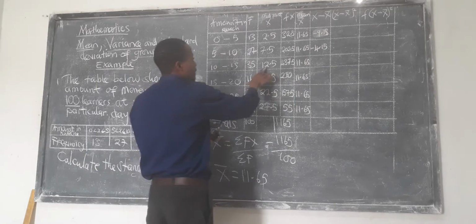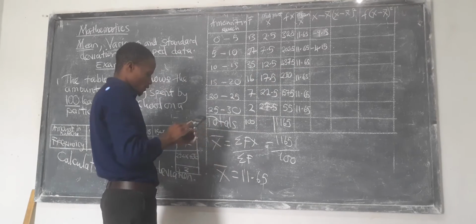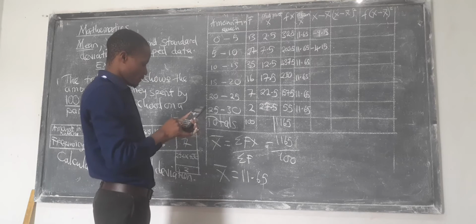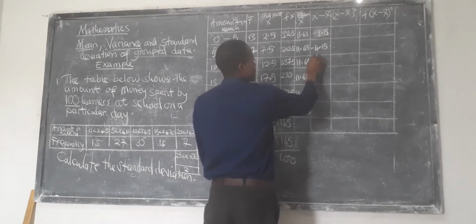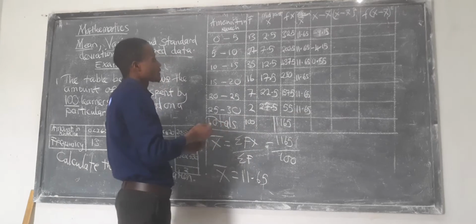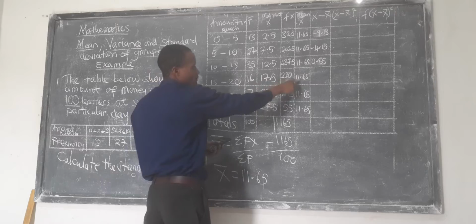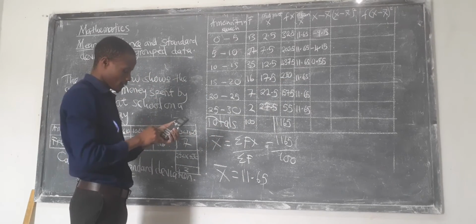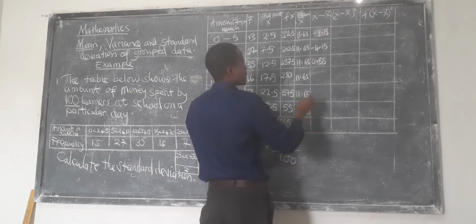Next, we have 12.5 minus 11.65, which gives us 0.85. Next, we have 17.5 minus 11.65, so we have 5.85.